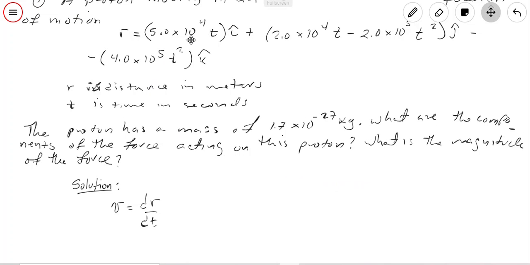As you can see, the first derivative of 4.0 times 10 to the 4t will be 4.0 times 10 to the 4th i. The first derivative of 2.0 times 10 to the 4t will be 2.0 times 10 to the 4th.